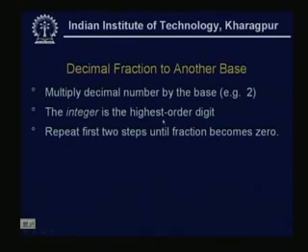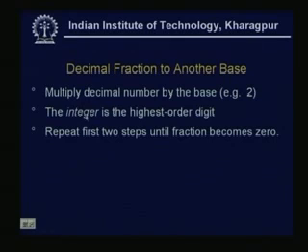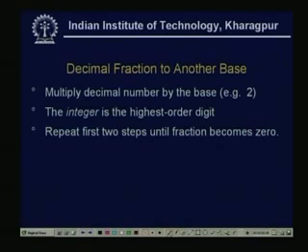Now, decimal fraction to another base. Okay. So, just now we have seen how a decimal integer number is changed to any other base. Now, if it is a fraction, that means after the decimal point, then instead of division we will be doing multiplication. So, what will be the general rule? The general rule is to multiply the decimal number by the base.